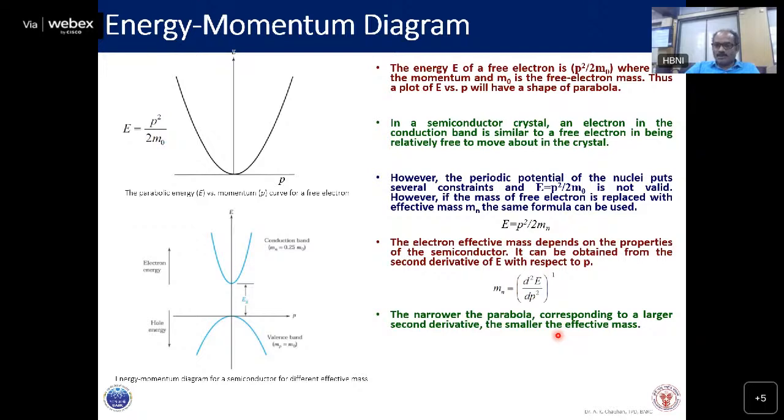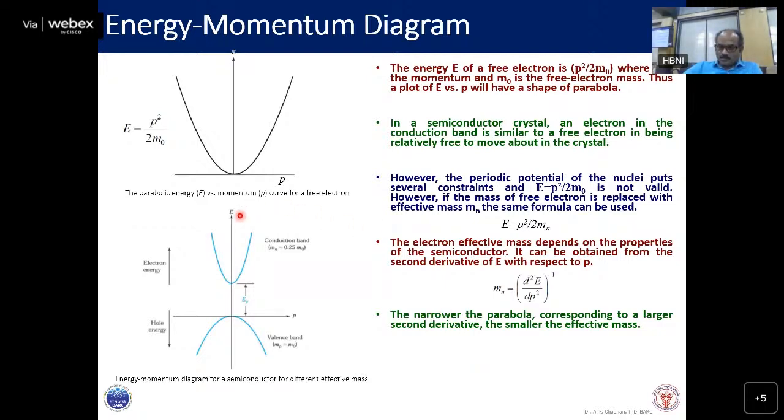The narrower the parabola, corresponding to the larger second derivative, the smaller the effective mass.